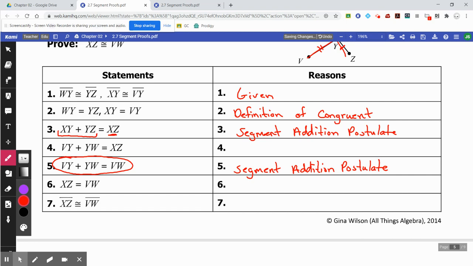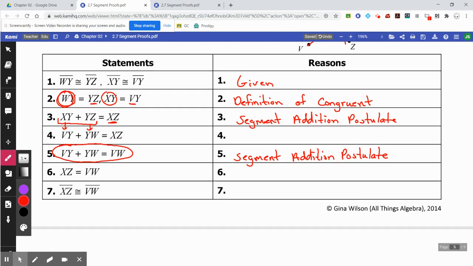And since we know that XY is the same thing as VY, and we also know that YZ is the same thing as WY, they're going to replace XY with VY, and they're going to replace YZ with YW because they're the same thing. Notice that the order is different. WY, YW is the same thing. So they're going to replace those two, and that's because of, again, this statement number 2. So that's just going to be simple substitution.